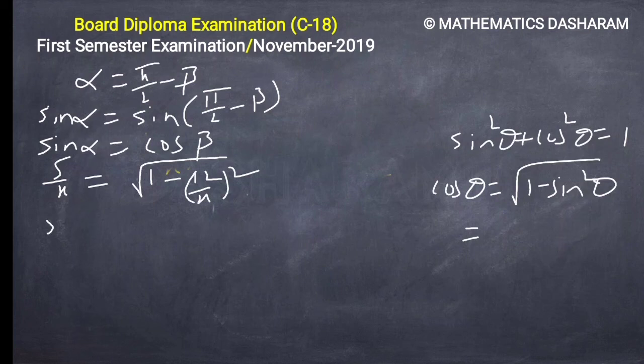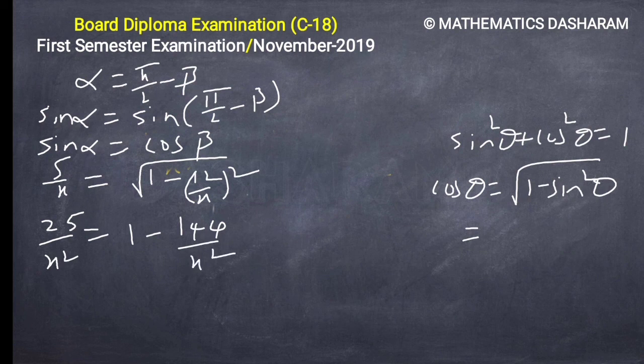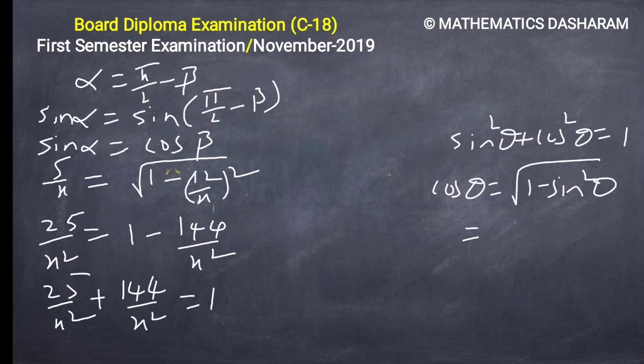So do square on both sides, then 25 by x square, and here square root will get cancelled, 1 minus 144 divided by x square. So now 25 by x square plus 144 divided by x square equals to 1. So here LCM is x square.